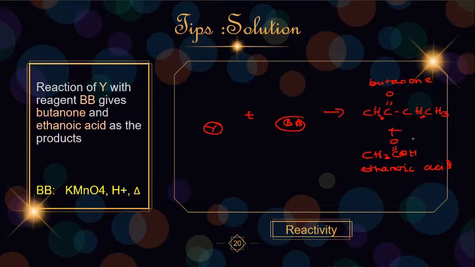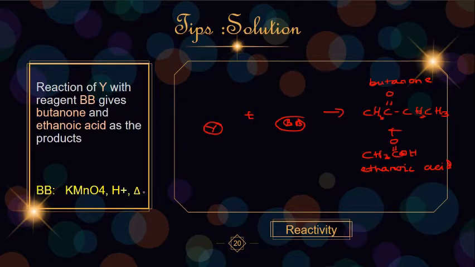But if you can see the product here is ethanoic acid, not just aldehyde or ketone. If it proceeds to ethanoic acid, it is not using a weak oxidizing agent such as ozone. So this is oxidation using a strong oxidizing agent.